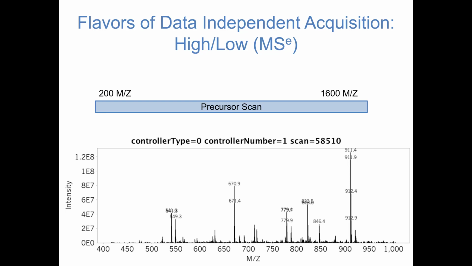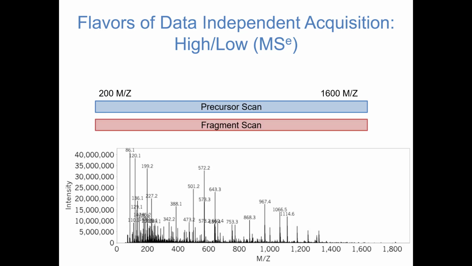So here you would typically collect a precursor scan, measured like a normal precursor scan from 200 or 400 up to 1600 m/z, and you would see tons and tons of peptides. There might be hundreds of peptides in this precursor scan, as we were showing earlier. And you would end up taking all of those peptides at the same time, fragmenting them simultaneously and measuring them all at the same time.